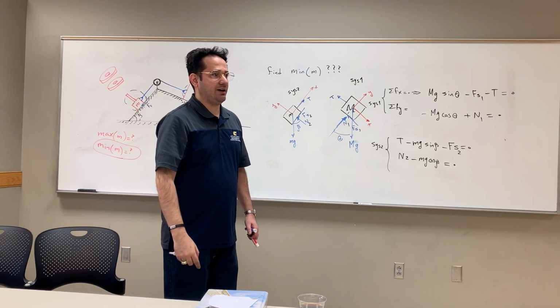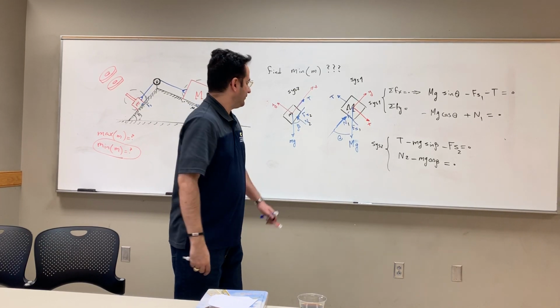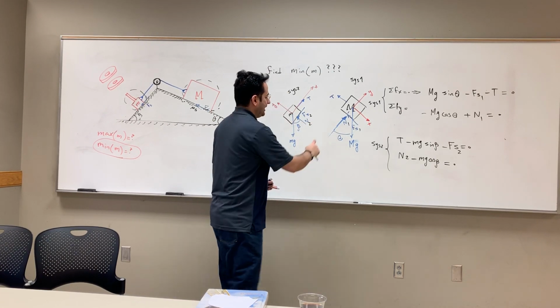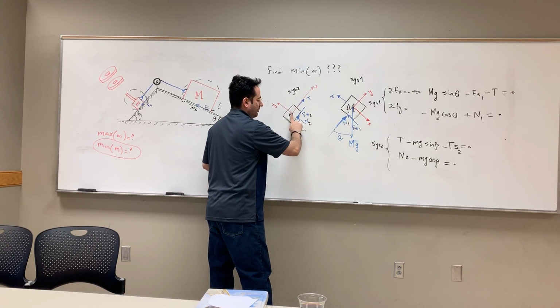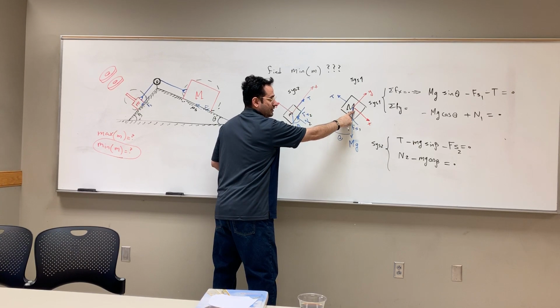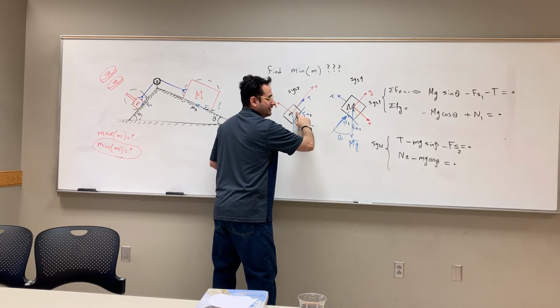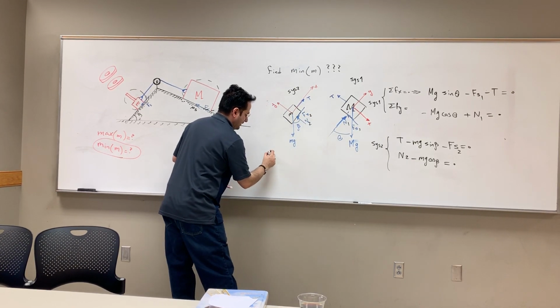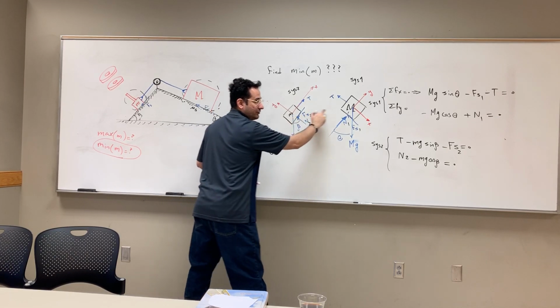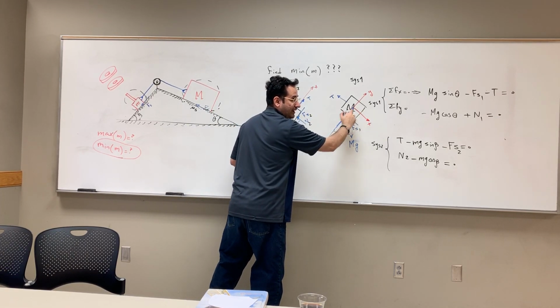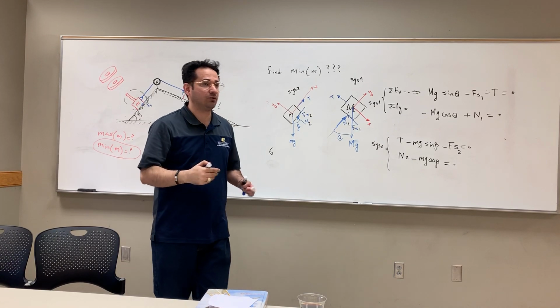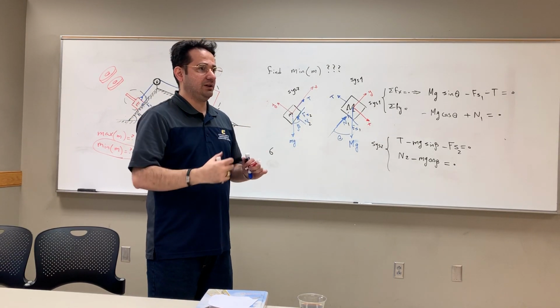How many equations do I have? 3 for this system. Also, this small m is also unknown. So if you add all together, you get more unknowns than the 6 equations I have from these two systems. So I have to have more extra equations to close the system. We call it closure, right?